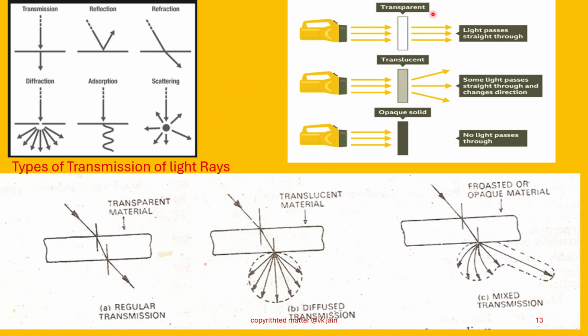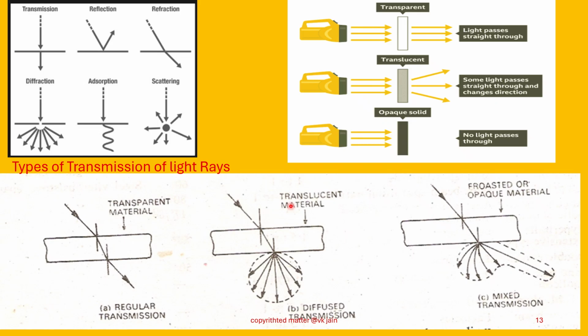This chart we have already discussed, and here is shown what happens when we use a transparent material. The light ray is incident. It passes through this material with a slight change in angle, and when it gets out there is a further change in angle. So this is known as regular transmission.